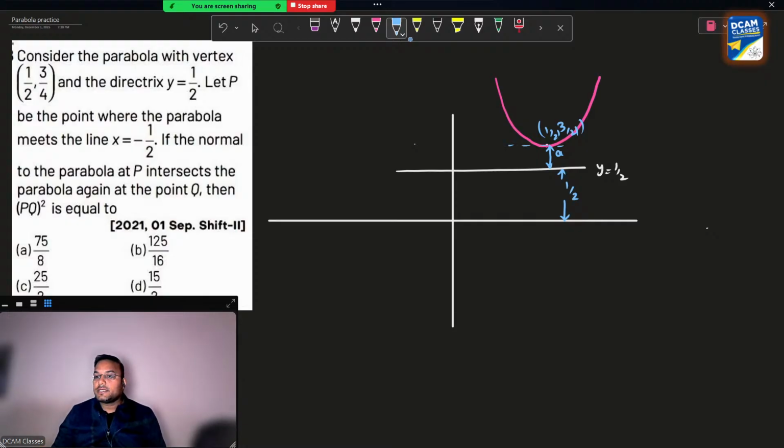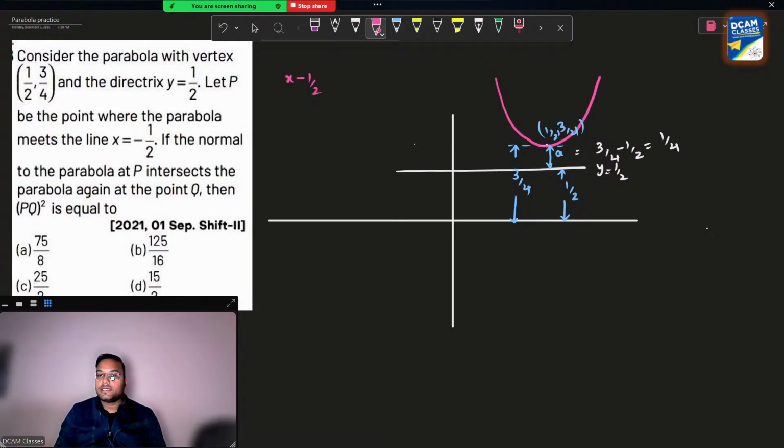And this distance we know from the coordinate, it is 3 by 4. So what will be a? a should be equal to 3 by 4 minus half, so it will be 1 by 4. Correct? So the equation of parabola that we should have is x squared is equal to 4ay type.